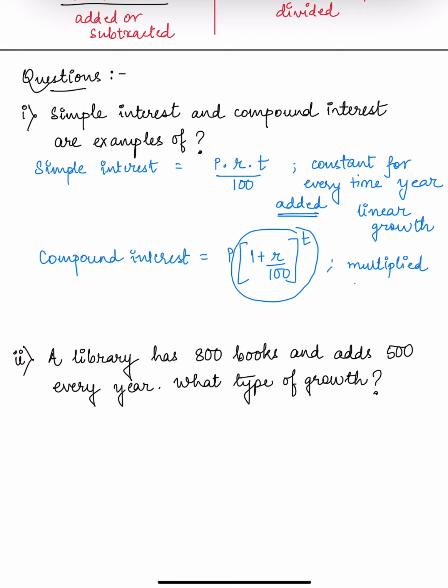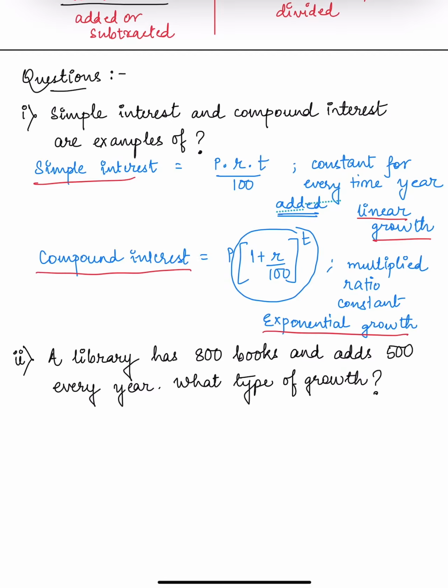So this is basically a ratio and this is a constant. So this is an example of exponential growth. Simple interest is linear growth and compound interest is exponential growth.